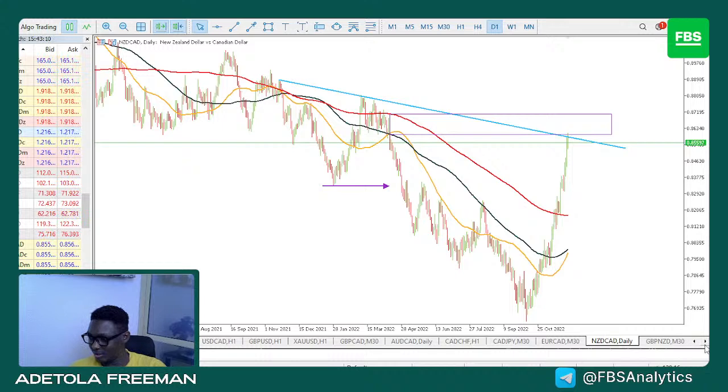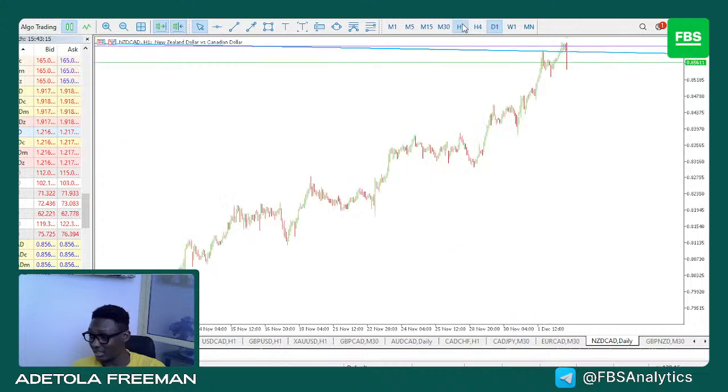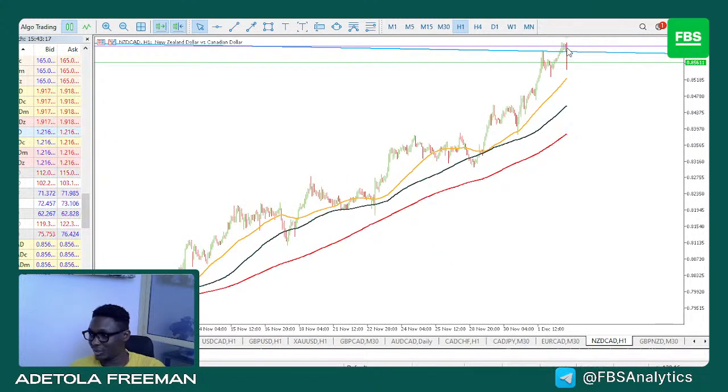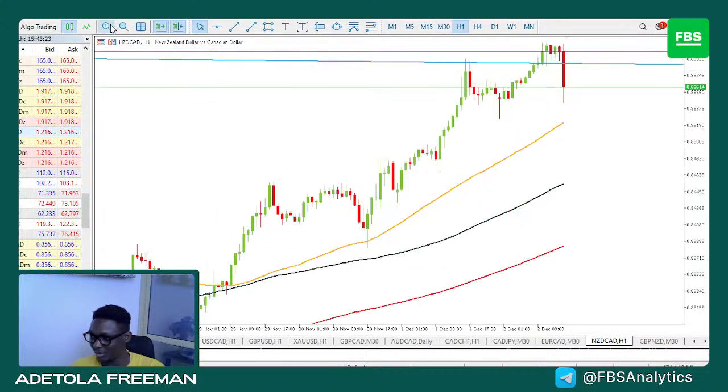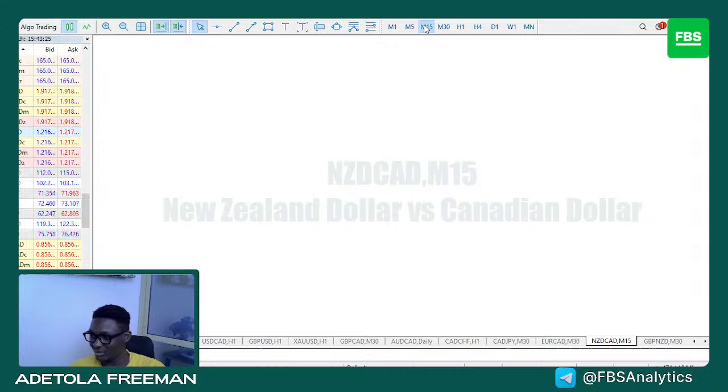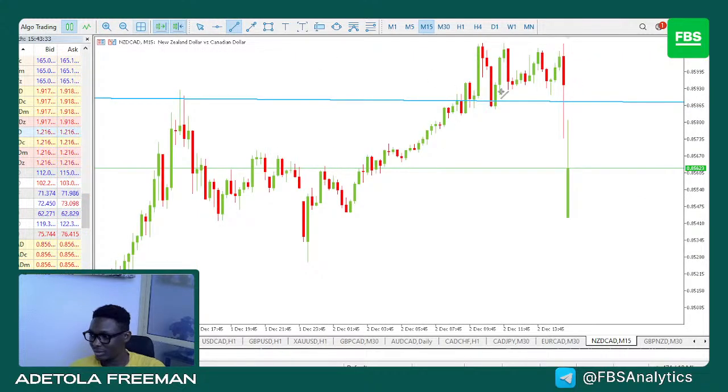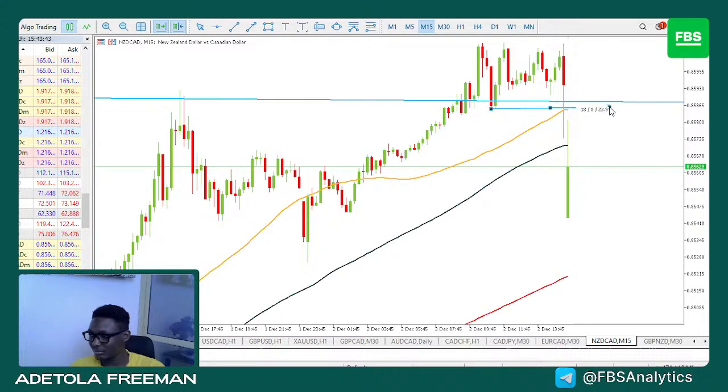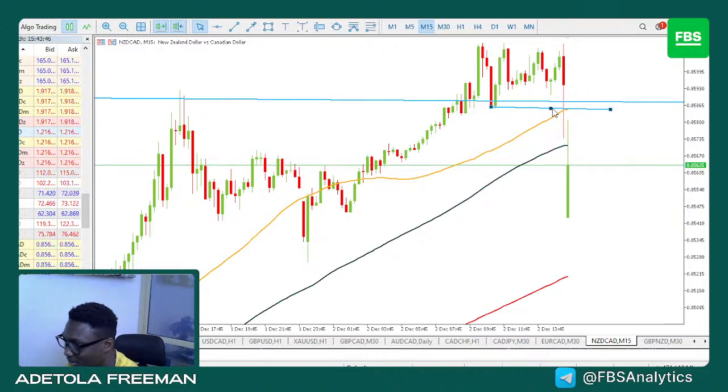I'm coming to your question, please. Trust Motive, I'll address that question. So currently, this is NZDCAD, and you can see that this has been the reaction from that supply order block. Price had a brief consolidation around this area.